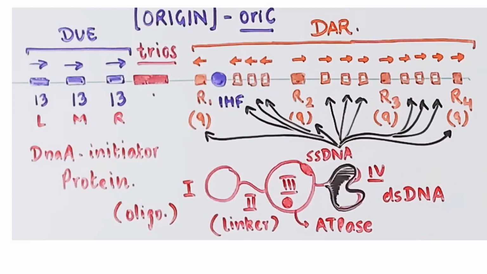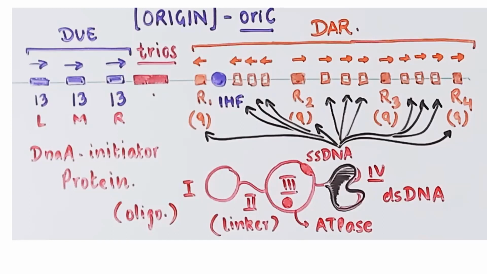Next to R1, there is a sequence which specifically recruits a protein called integration host factor, IHF. One last thing to be noted is that the region on the left of R2 is directionally oriented towards the DUE region. The regions from R2 to R4 are oriented away from the DUE region.